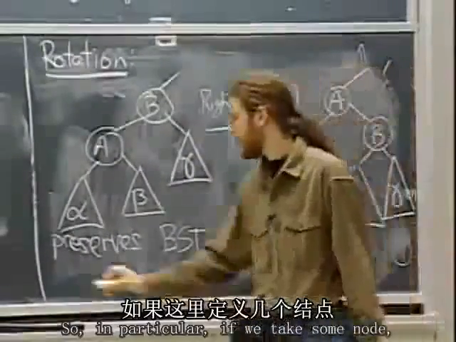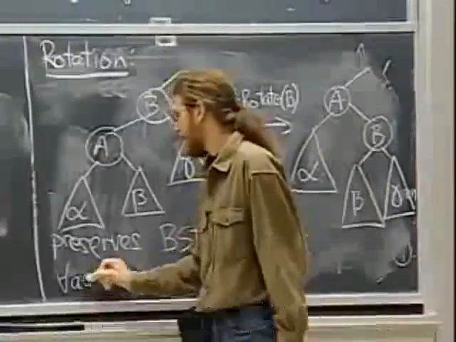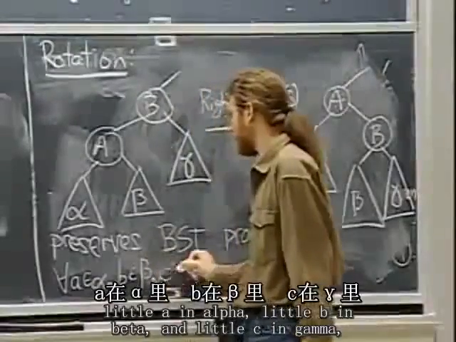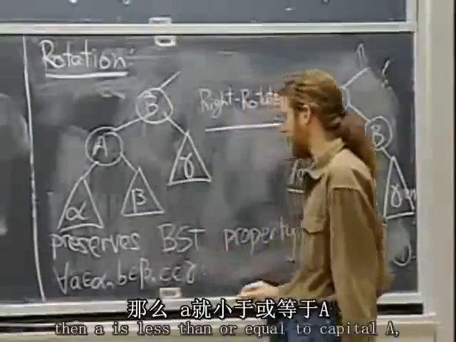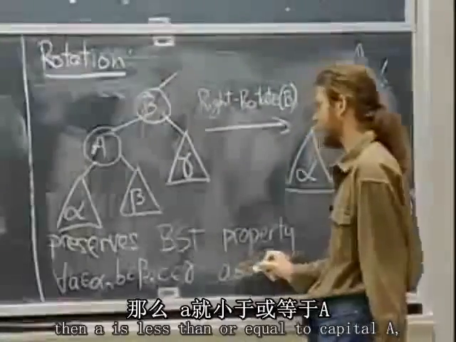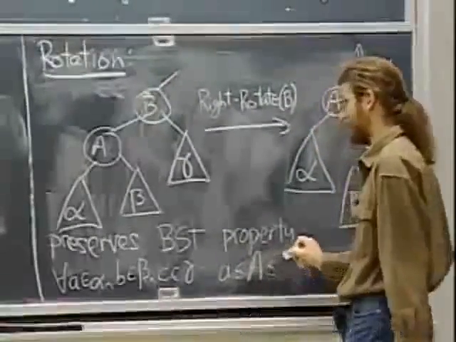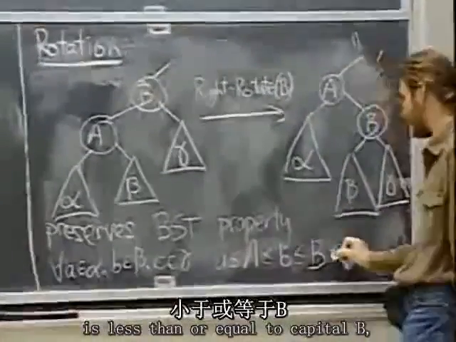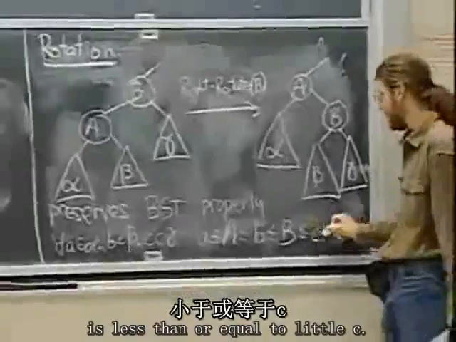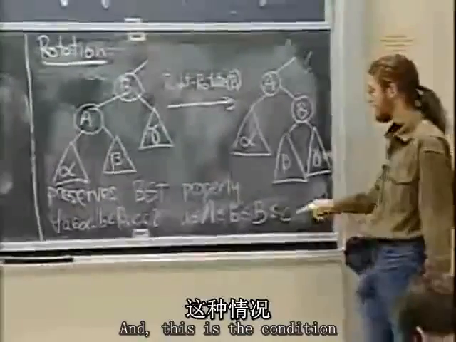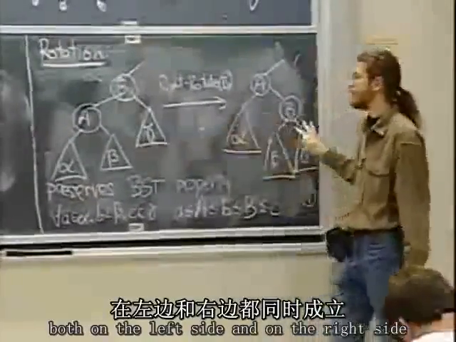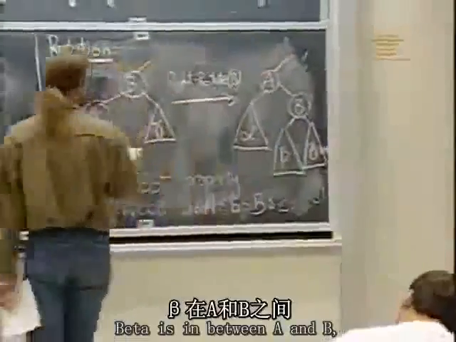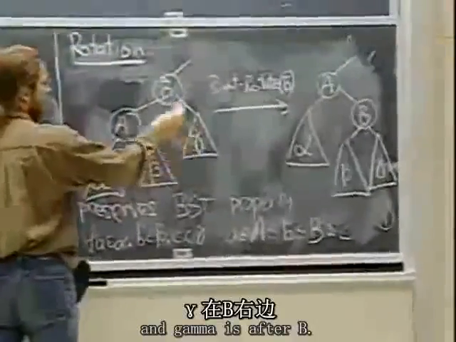So in particular, if we take some node little a in alpha, little b in beta, and little c in gamma, then little a is less than or equal to capital A, is less than or equal to little b, is less than or equal to capital B, is less than or equal to little c. Okay, and this is the condition both on the left side and on the right side, because alpha is left of everything, beta is in between A and B, and gamma is after B.